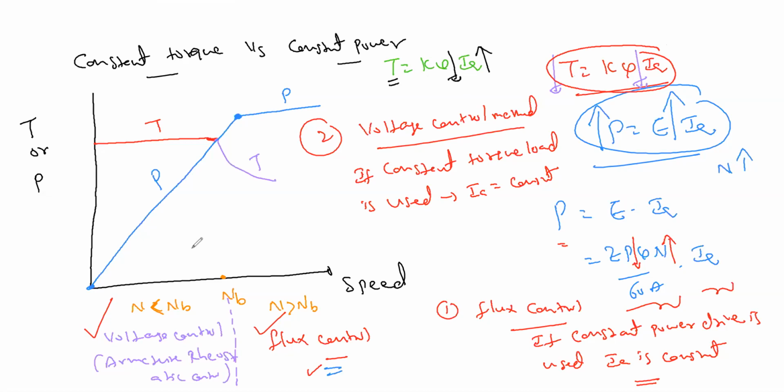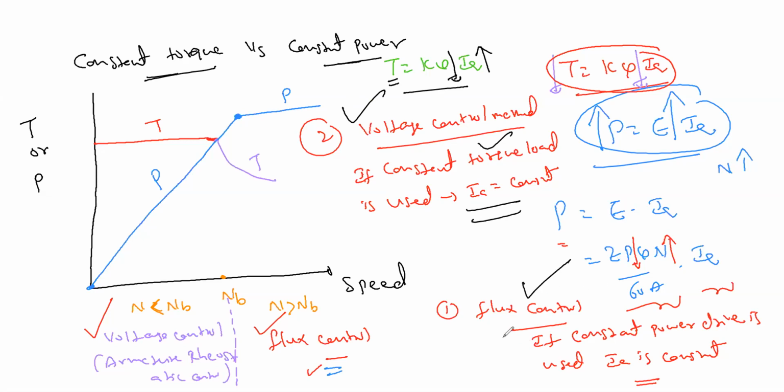So in the voltage control method, which drive and which technique do we use, constant torque or constant power? If constant torque is used in voltage control, IA is constant. If a constant power drive is used in the flux control method, IA is constant. If you use constant torque in the flux control method, you can see here the armature current increases, right? Yeah, please copy this. If constant torque load is used in voltage control, IA is constant.